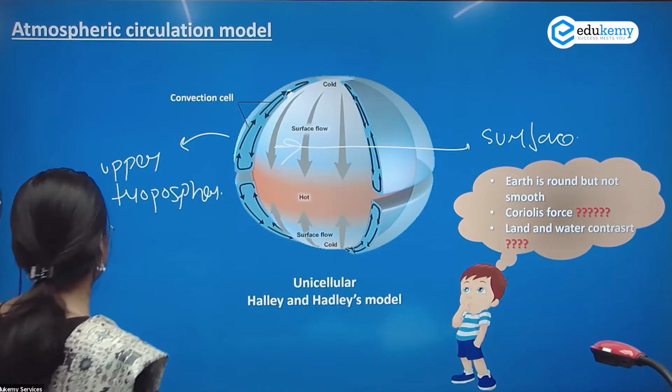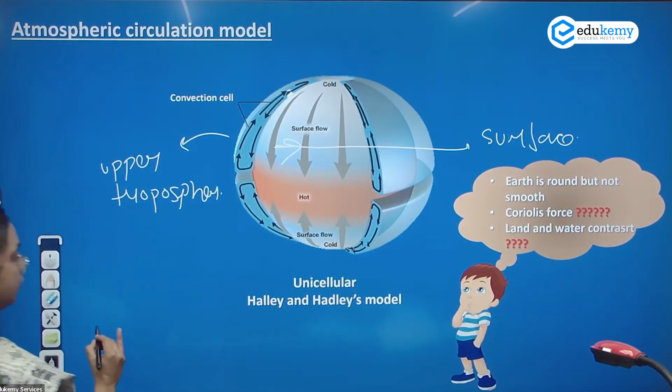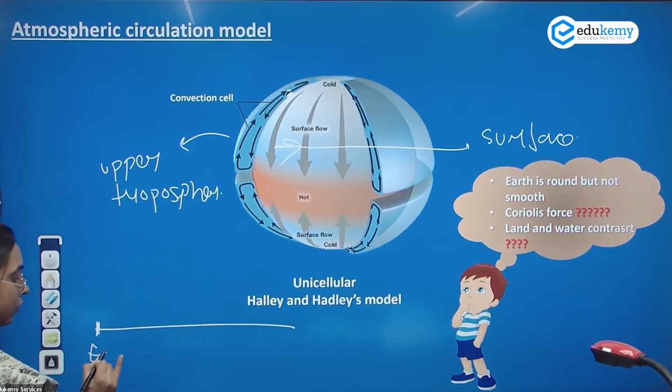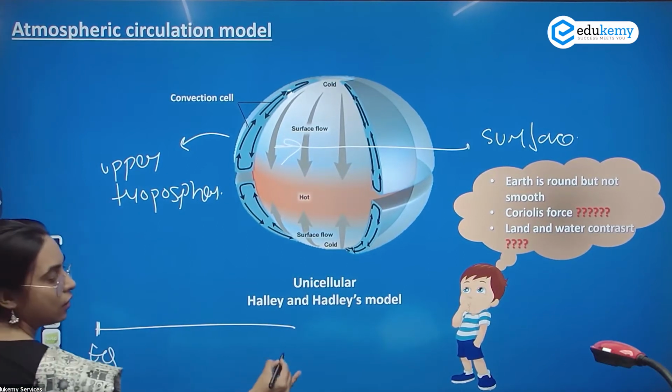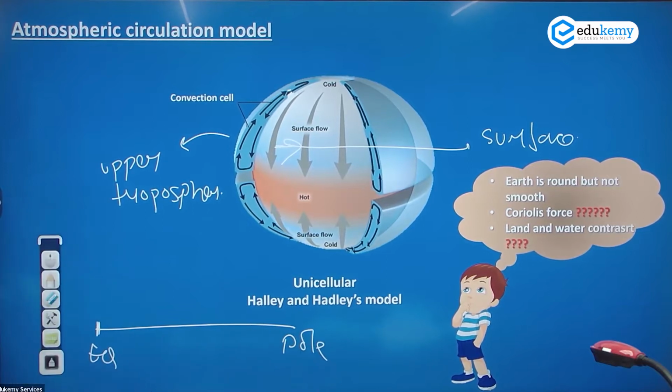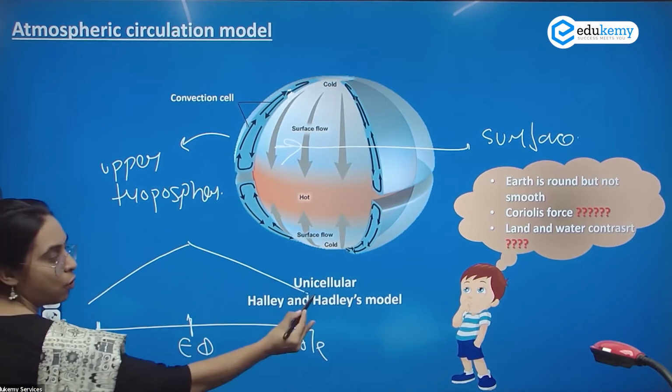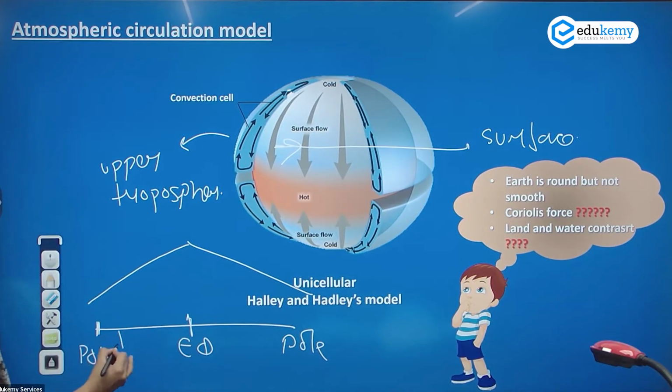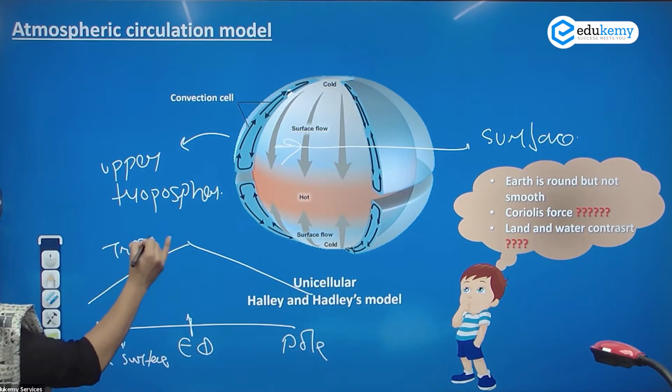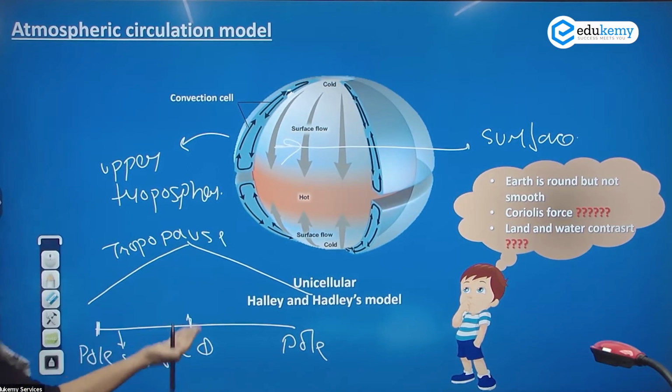So here you can also understand it like this. This is your equator. This is the poles. Can I say this is the tropopause? This is the surface. The tropopause is higher above the equator, whereas it is at a lower height at the poles.